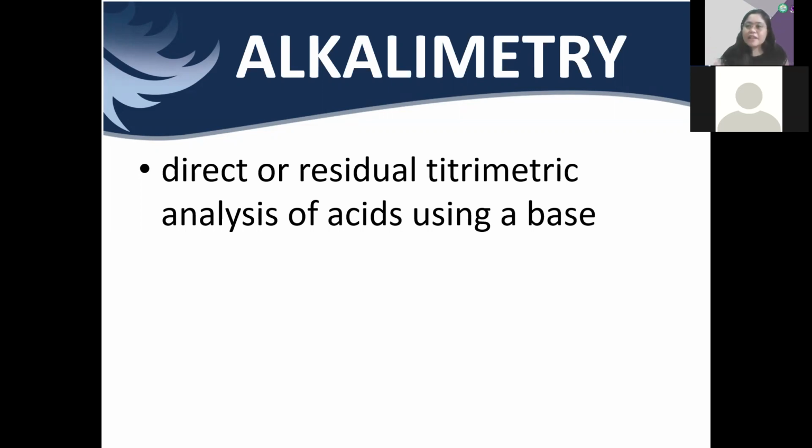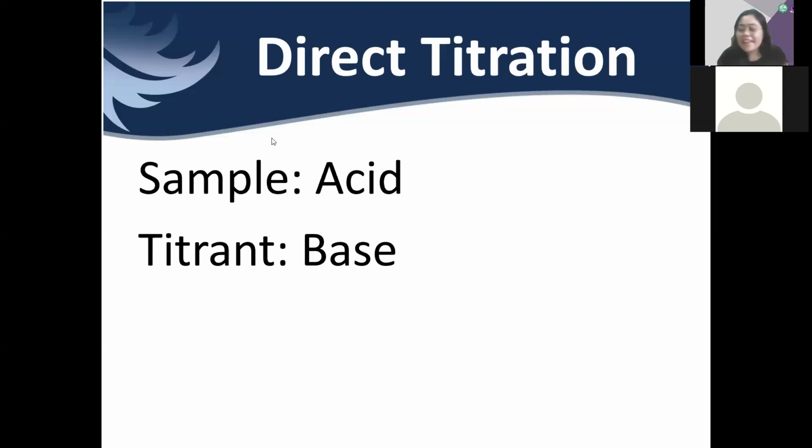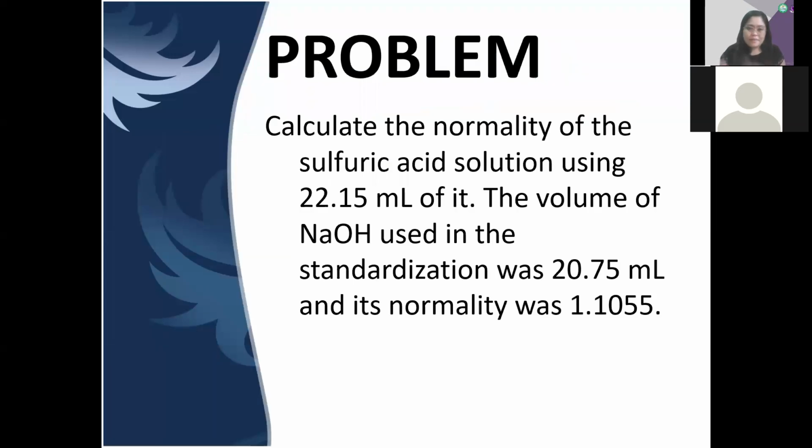This time, for alkalimetry, the sample is now the acid, and then the titrant will be the base. So please take note of that, and I hope you will not interchange the samples and the titrants for the two methods of titrimetric analysis. So again, let us give emphasis to that. Direct titration, the sample is an acid and then the titrant is a base.